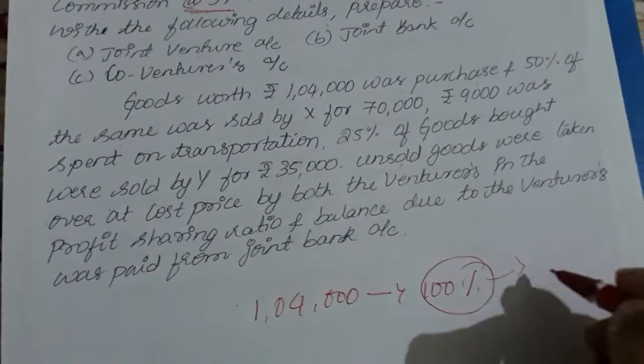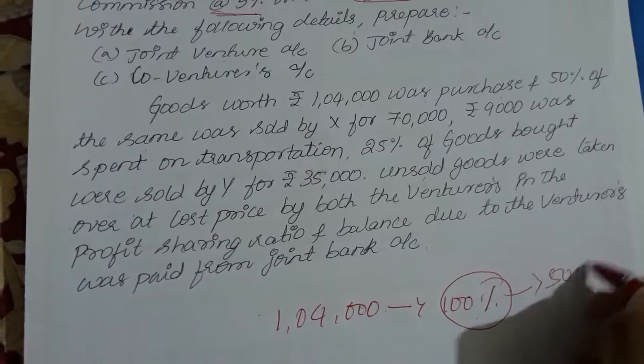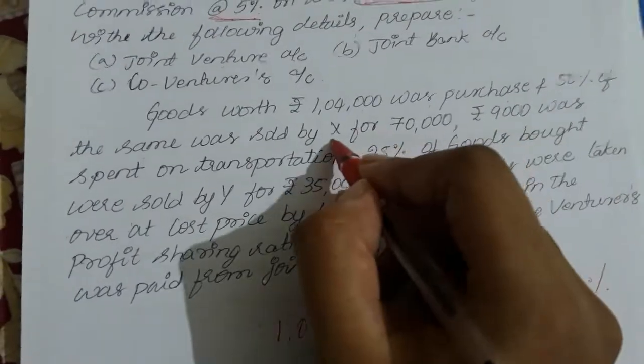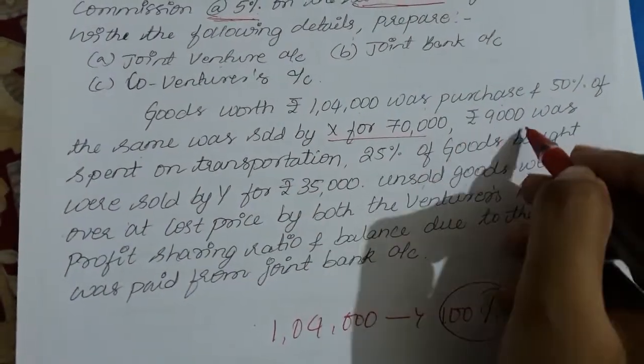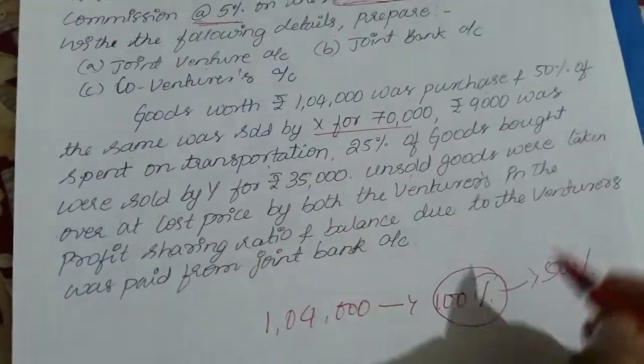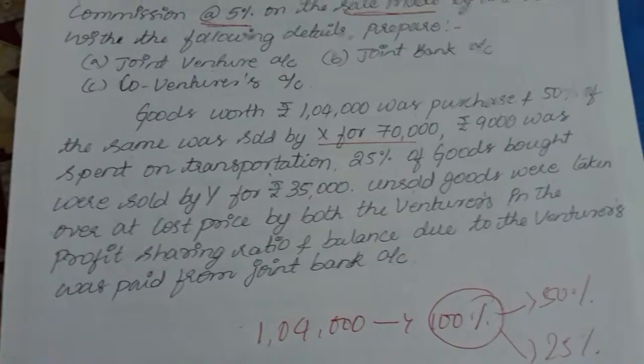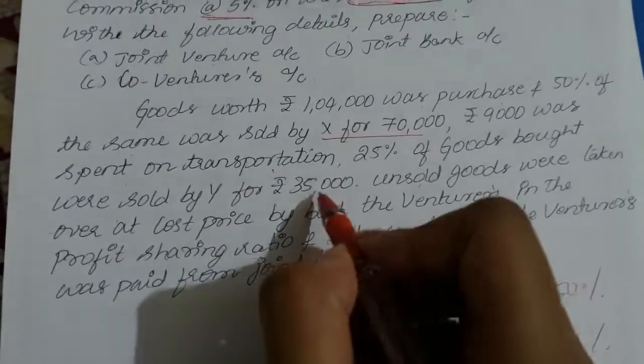Of this 1,40,000, the 100%, 50% has been sold by X for 70,000, and 9,000 was the expenses spent on transportation, and 25% of the goods was sold by Y for 35,000.